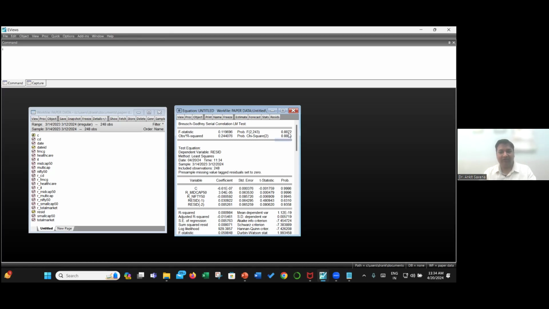If you can recall what we discussed, the null hypothesis was that there is no higher order serial autocorrelation, and the alternate hypothesis was that there is evidence of higher order autocorrelation. Can you tell me here quickly, are we accepting or rejecting our null hypothesis? The p-values are above 0.05. So yes, we are accepting the null hypothesis, and that means there is no higher order serial autocorrelation.